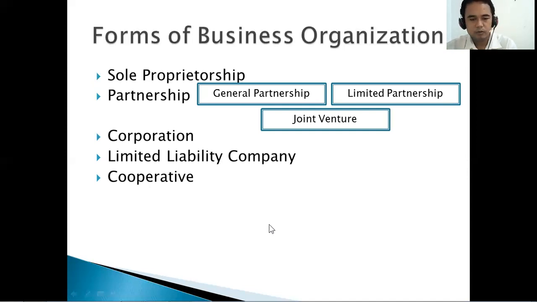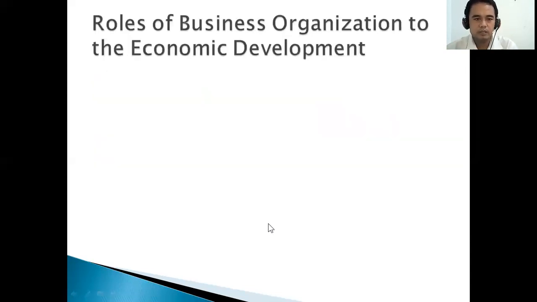And we will also consider the roles of business organization in economic development. As we all know, business organizations become the risk takers. In starting a business, you need skills, knowledge, and, of course, you take risks.